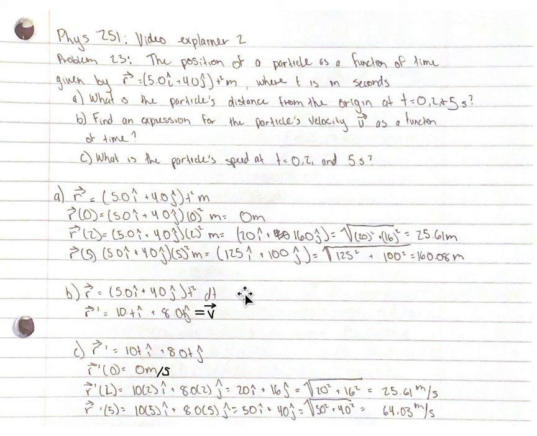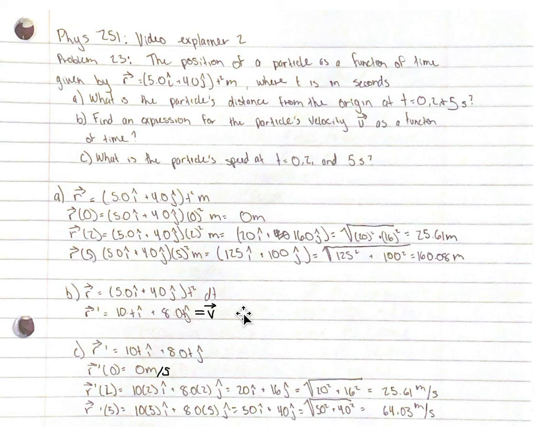So, to solve for the particle's velocity as a function of time, we take the derivative of the particle's position function. And when we do that, we get that the velocity vector is equal to 10t i hat plus 8.0t j hat.